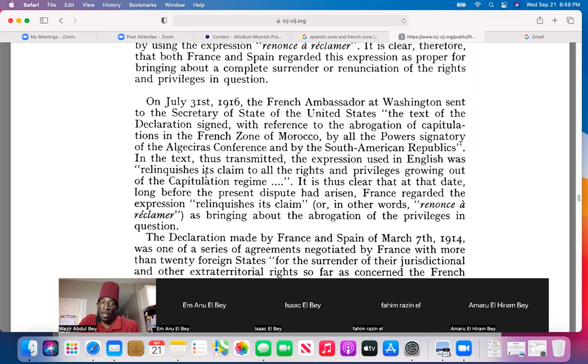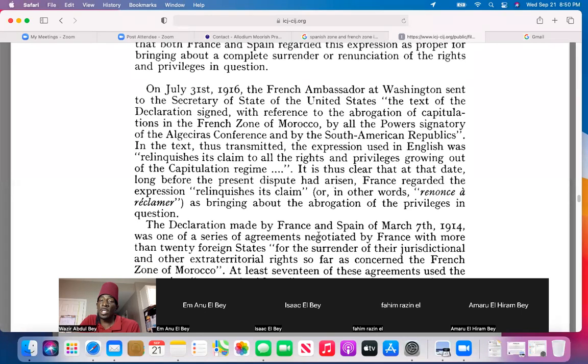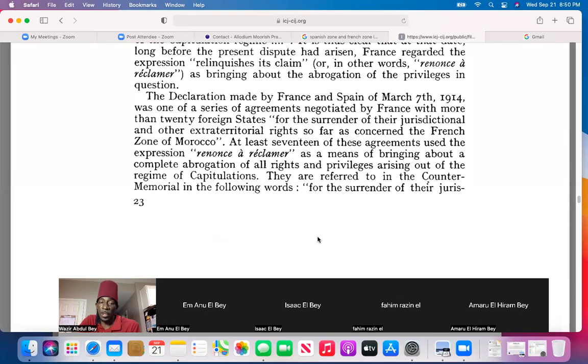In the text thus transmitted, the expression used in English was relinquishes its claim to all the rights and privileges growing out of the capitulations regime. It is thus clear that at a date long before the present dispute had arisen, France regarded the expression relinquishes its claim, or in other words, renoncer à réclamer, as bringing about the abrogation of the privileges in question.